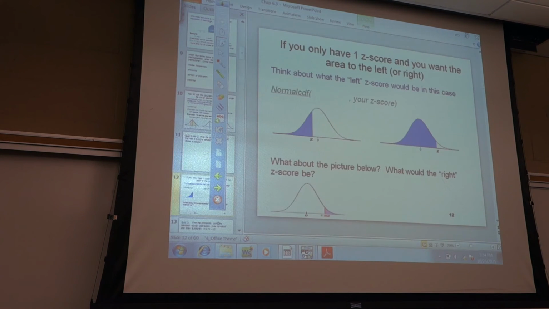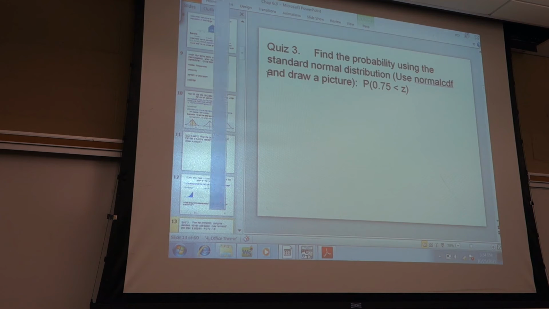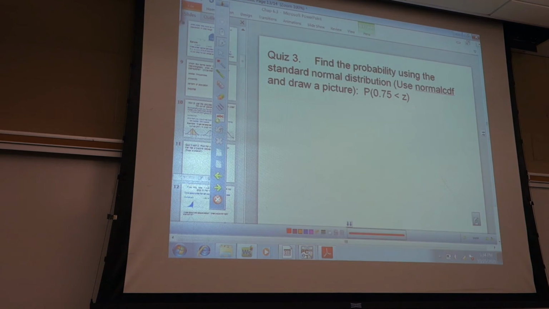So let's take a look at quiz problem 3, the first one. Has everyone drawn their hill? Put your mark in the middle. Where's 0.75? Somewhere here on the right, I don't care where. And do I want below it or above it? Here's the thing. Draw your little fish.